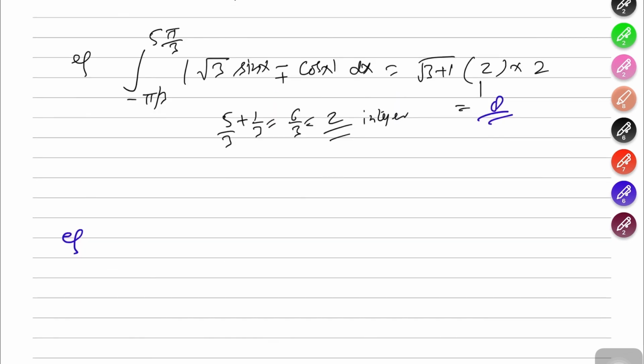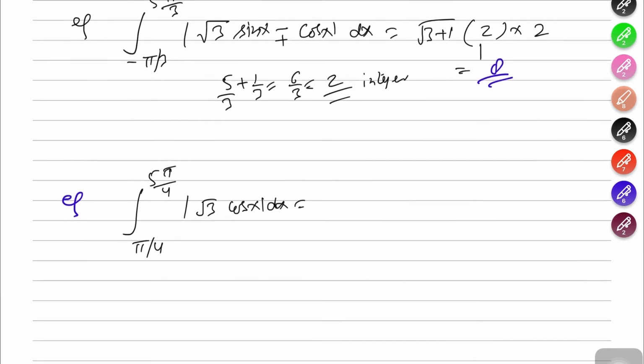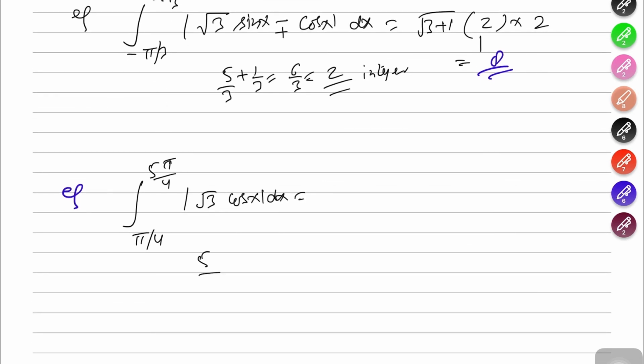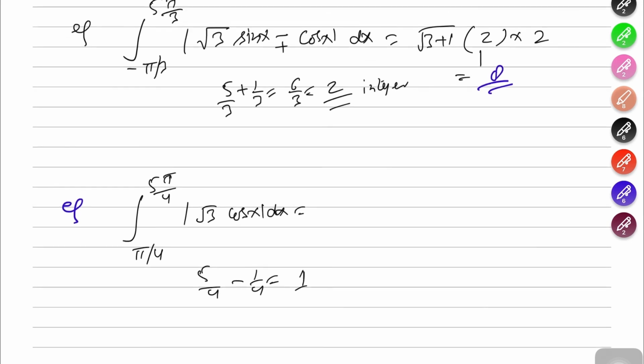Let's take one more example. The integral from pi by 4 to 5 pi by 4 of root 3 |cos x| dx. Again this 5 upon 4 minus 1 by 4 is 1.